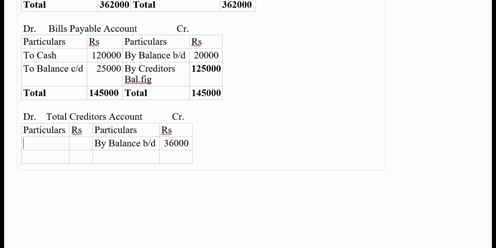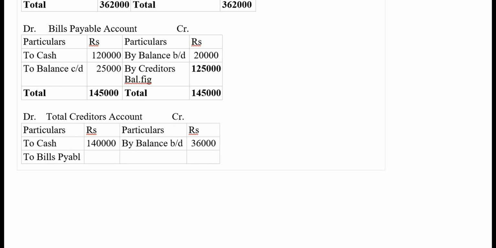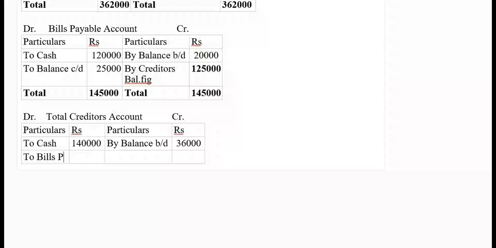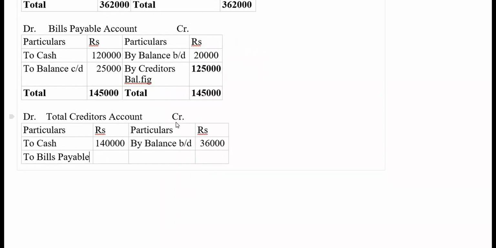Then when the cash is paid to creditors, the entry is total creditors account debit to cash account, 1,40,000. Similarly, when bills are issued to the creditors, total creditors account debit to bills payable account. The amount we have found here is 1,25,000.